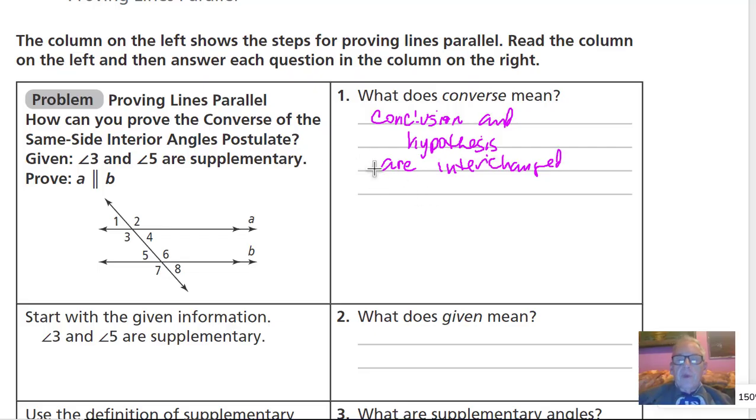So if our original is if P then Q, like if two parallel lines are cut by a transversal, then same side interior angles are supplementary, that's P implies Q. The converse is if same side interior angles are supplementary, then parallel lines are cut by a transversal. So the converse form is if Q, then P.